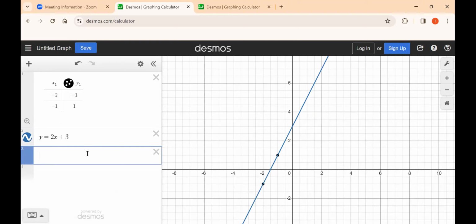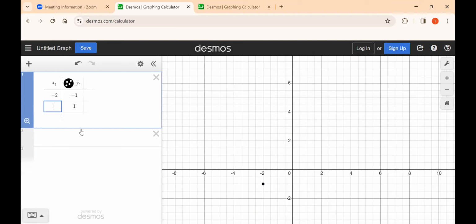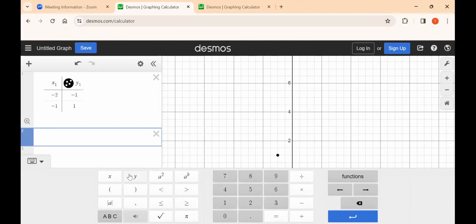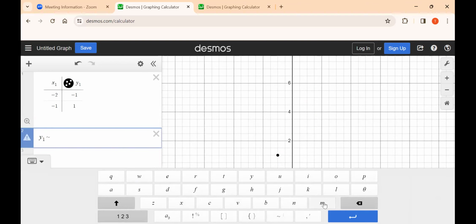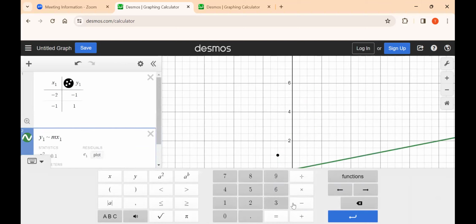Now, if I did not know that equation, I can go up here and, whoops, didn't mean to do that. Let me put -1 back. So I'm going to put in y1 squiggle mx1 plus b.